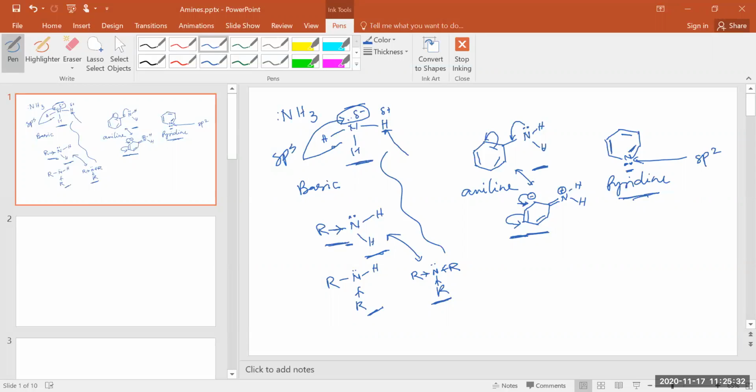S character increasing means acidity increasing, that is the reverse of basicity, remember. So here sp3 hybridization, s character is 25%. Here sp2 hybridization, s character is 33.3%. So higher s character, lower the basicity.